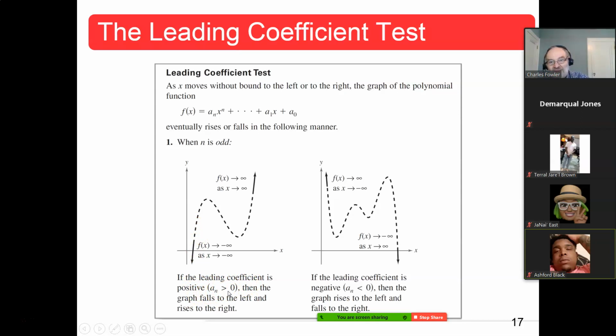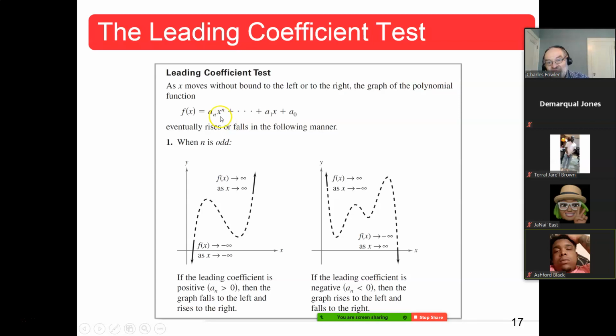Now think about this for a moment. If x is a large negative number, but n is an odd exponent, then x to the nth is going to be very, very negative. Now, if that a sub n happens to be positive, then positive times negative is negative. So it's going downhill very rapidly.